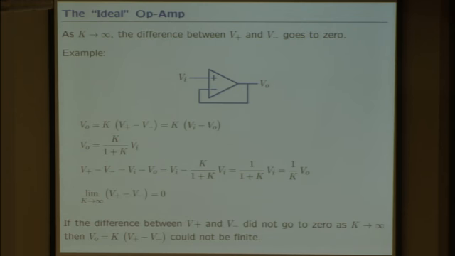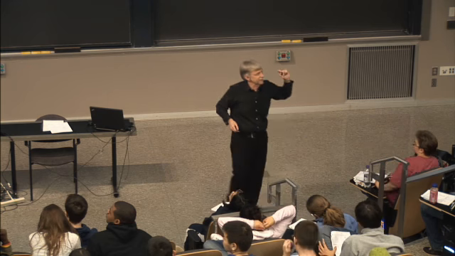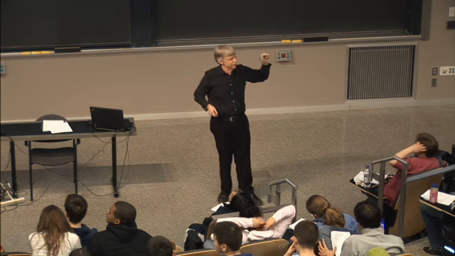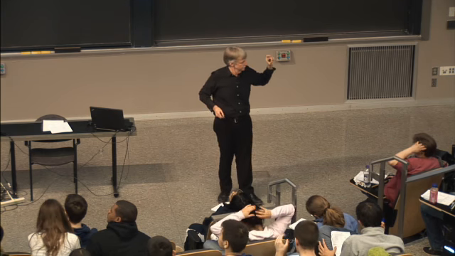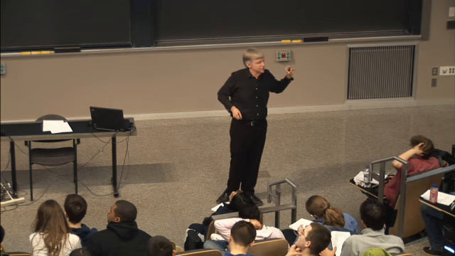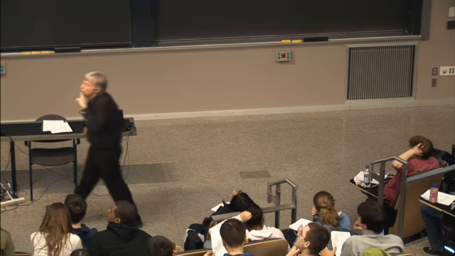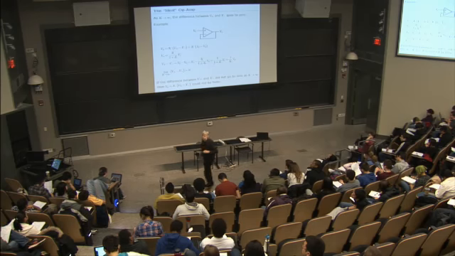K is big. K is essentially the same as K plus 1. K is in the denominator of both. What that says is the voltage between the plus and the minus leads is very small if K is very large. So we call that the ideal op-amp relationship.